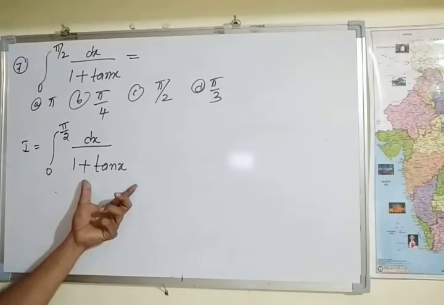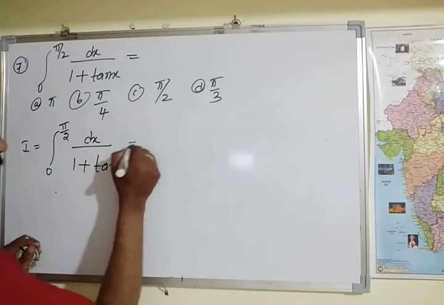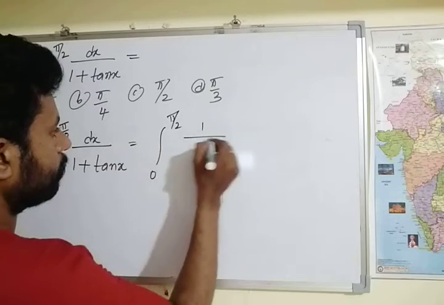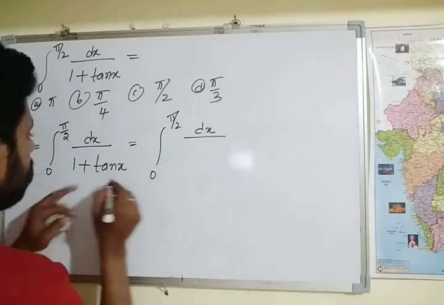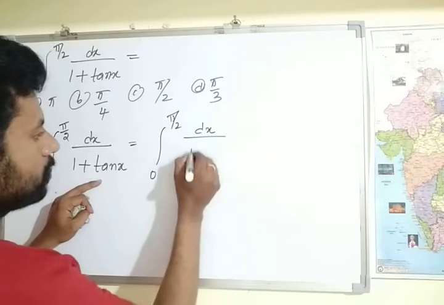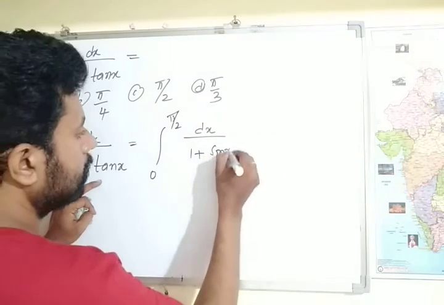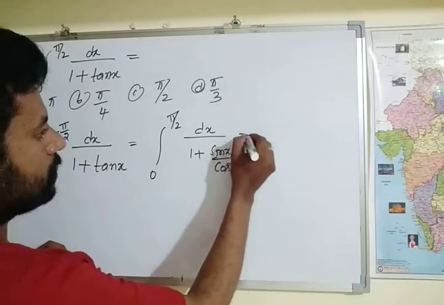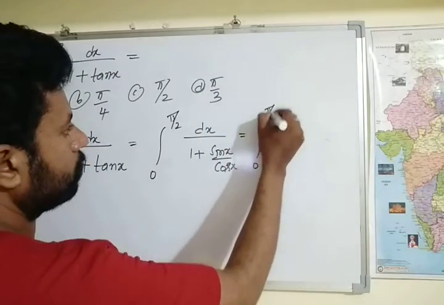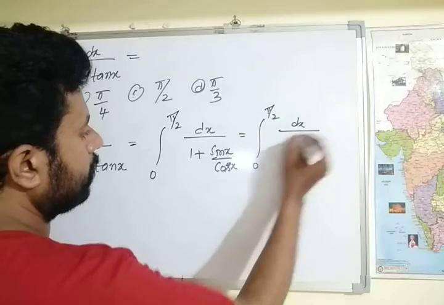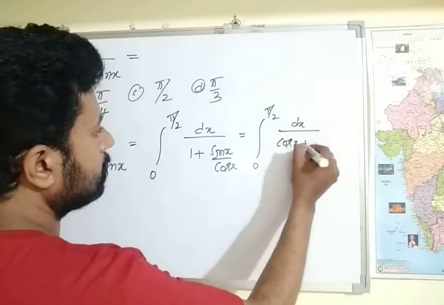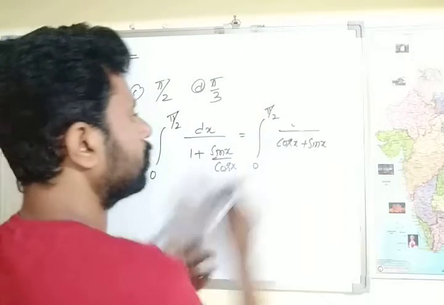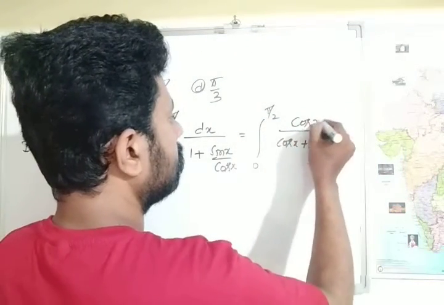tan x can be written as sin by cos x. This result can be written as integral of 0 to pi by 2 dx divided by 1 plus sin x divided by cos x. Then take LCM is cos x. Therefore this result can be written as integral of 0 to pi by 2 dx divided by cos x plus sin x divided by cos x, or you can write cos x into dx.